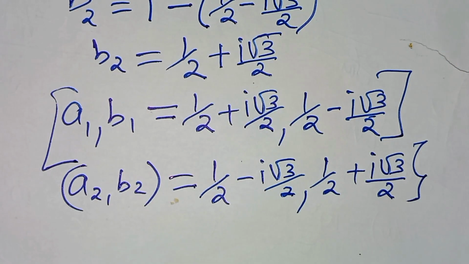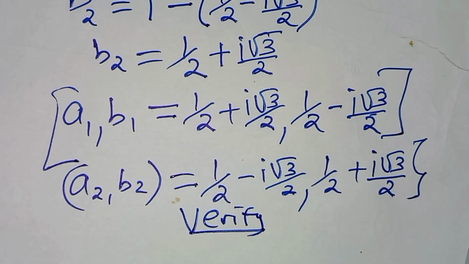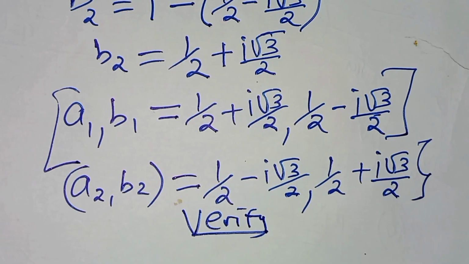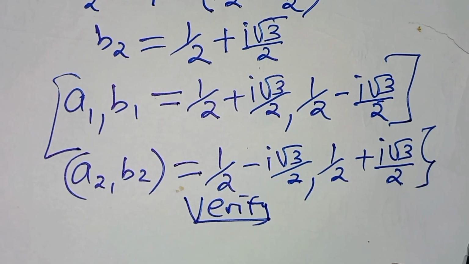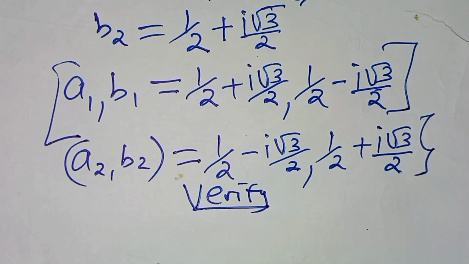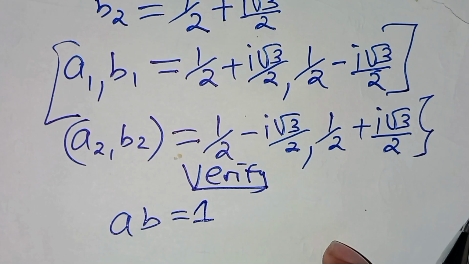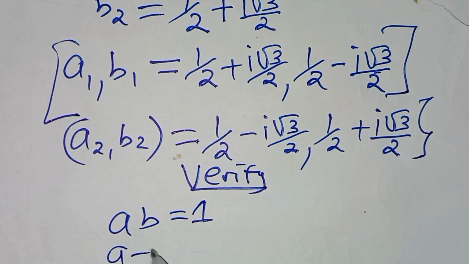So let's verify quickly that a1 b1 and a2 b2 actually satisfy the equation. So if you recall from equation 1, we have a multiplied by b is equal to 1, and we have equation 2, a plus b, is equal to 1.